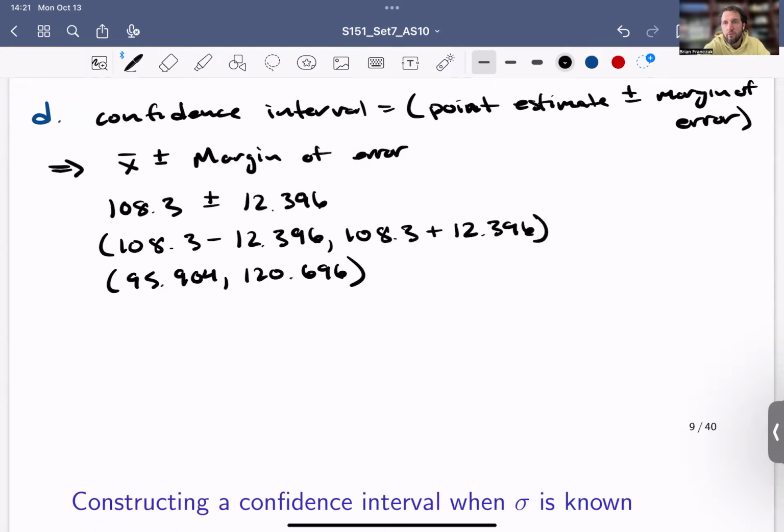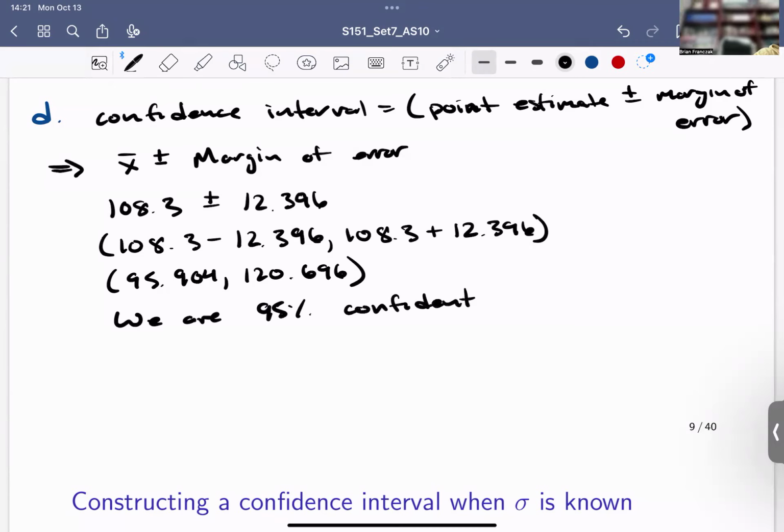You will be told to construct a 90% interval or a 95% interval or a 99% interval. Just depends on the situation that you're in. So here we would start with, we are 95% confident. Okay? So basically every single interpretation starts with that first phrase. We are percentage confident, and that percentage can change depending on the problem.